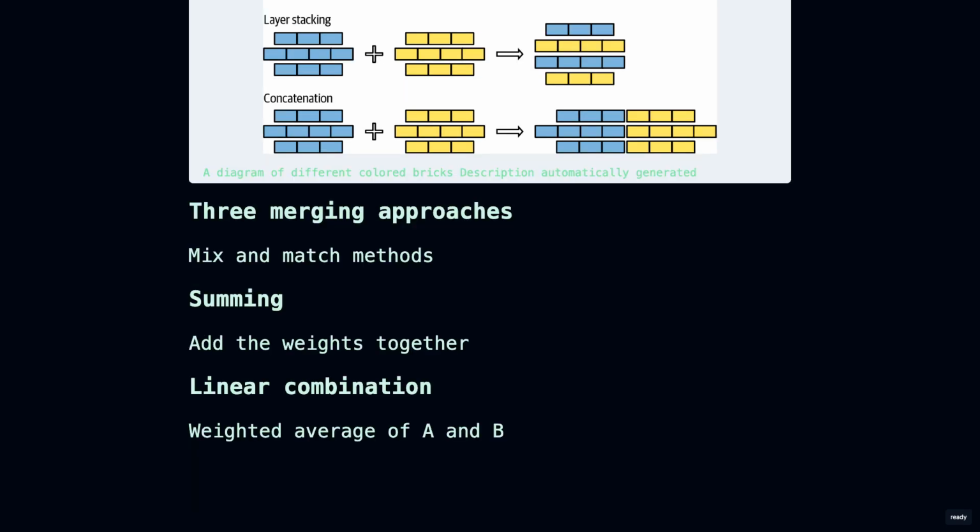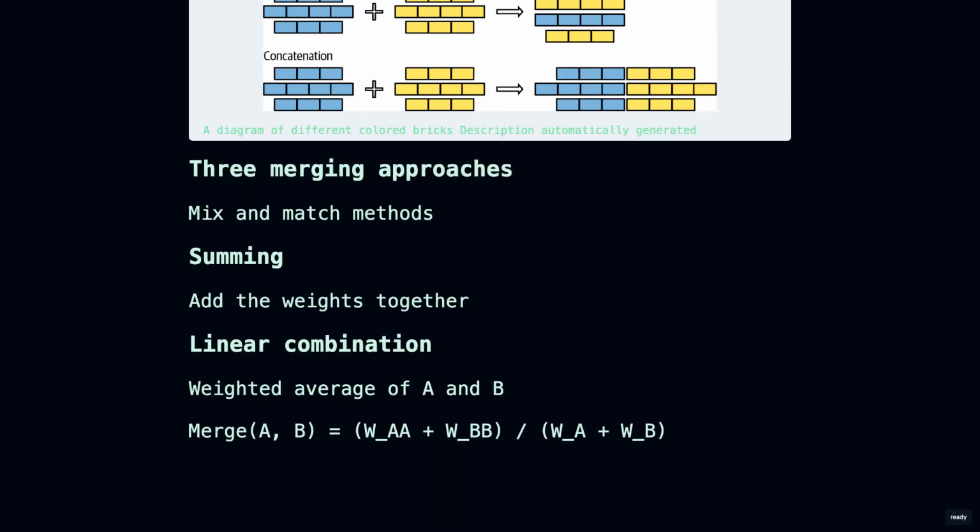This formula says that the merged model is a weighted blend of the two models. The weights let you bias the result toward one model or the other. Read this as a normalized weighted average.